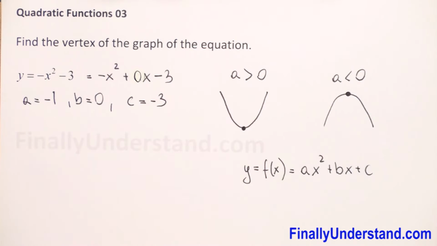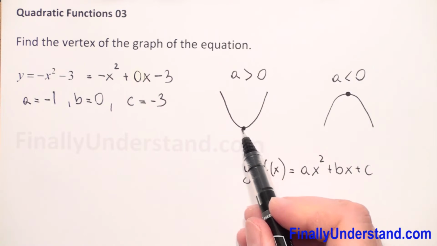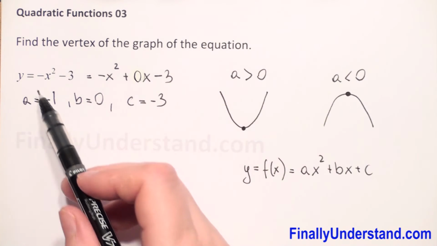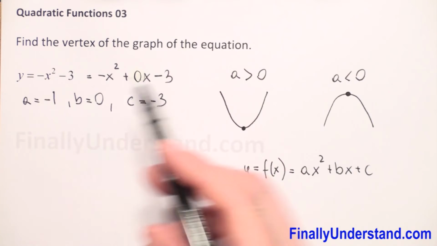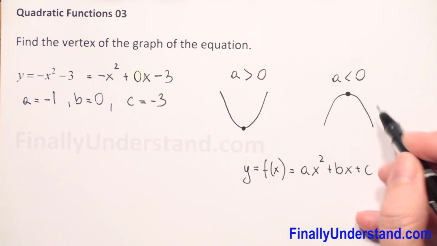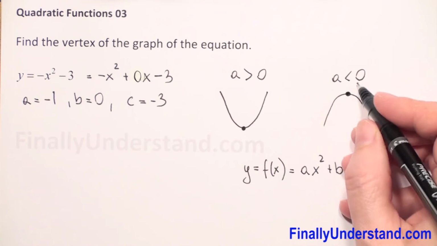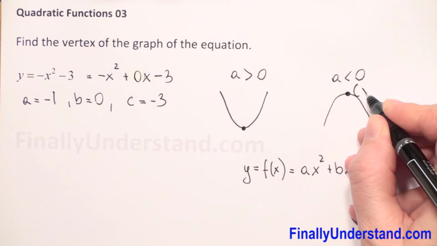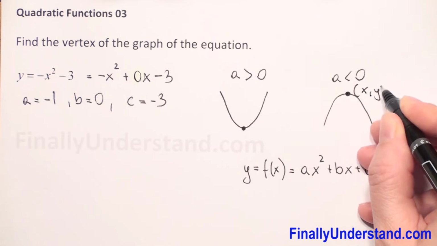Why do I need this? Because we need to find the vertex. Our parabola, because we have negative x squared, opens down. We need to find the coordinates of our vertex. So we need to find x and y.